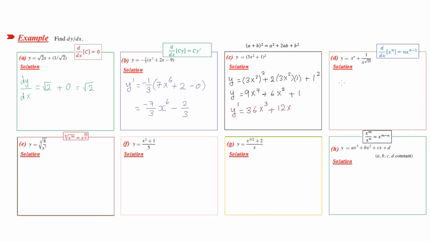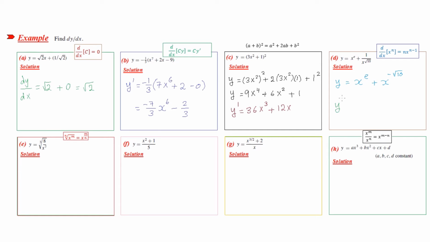So firstly we can write y as y equals x to the power e, where e is the Napierian number, which is approximately 2.7, plus 1 over x to the power radical 10, written as x to the power negative radical 10. We simplify the function, so we can start to find the derivative of the function.